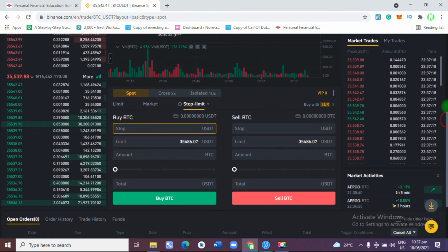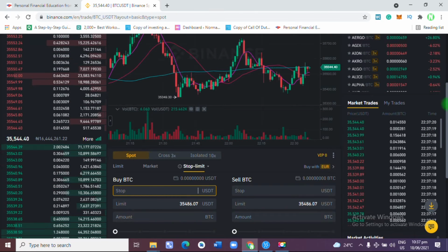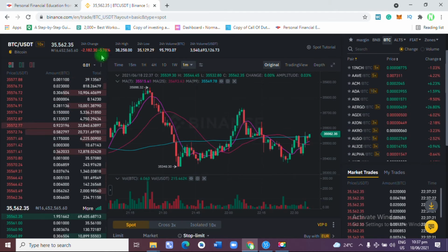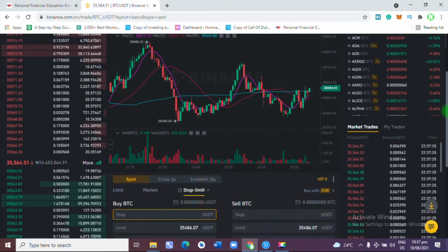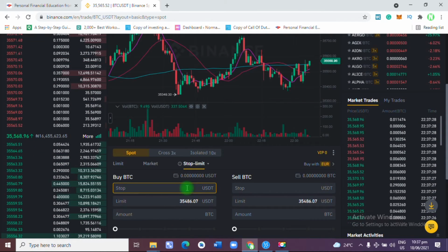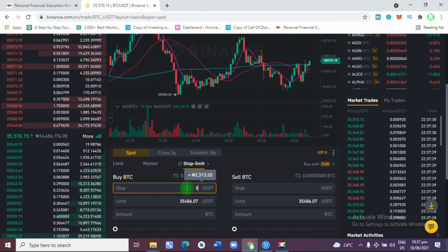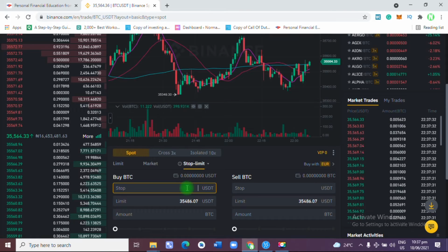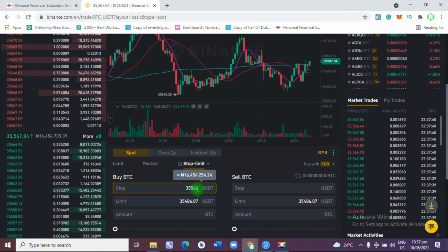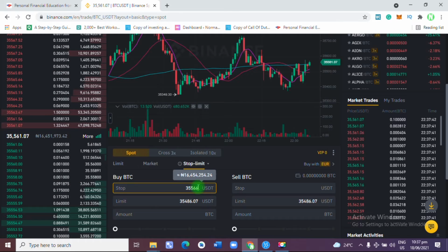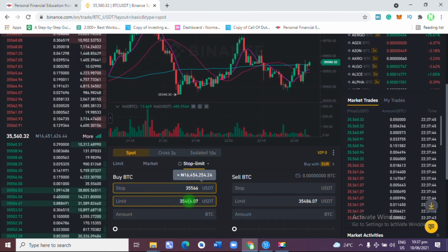So let's see the current price now. This is where you see the current price, 35,566. Let's come here and type 35,566. So that is currently the current price, it is at 35,000. So right now it is higher than the limit.